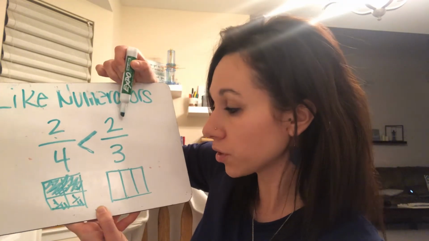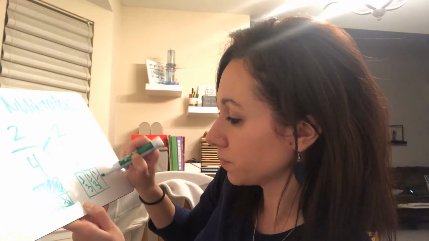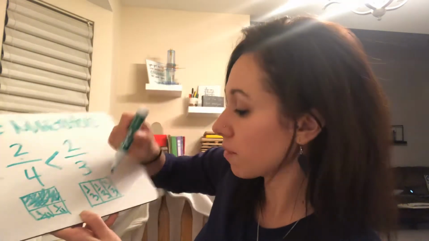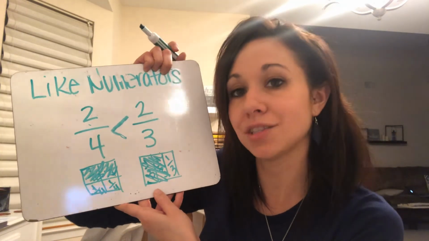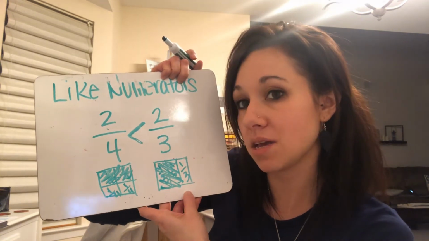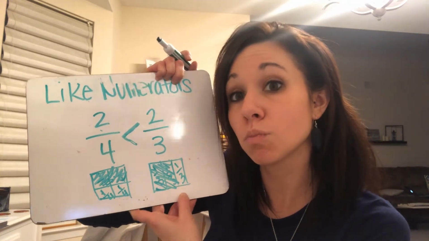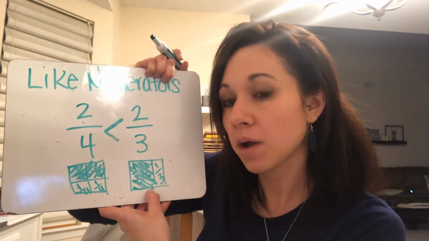Compared to 2/3, I have 3 1/3 pieces in my whole. I am coloring in 2 of them. I have more of the whole shaded in 2/3 than in 2/4. Therefore, the alligator wants to eat this fraction because there's more in this fraction. This fraction is greater.